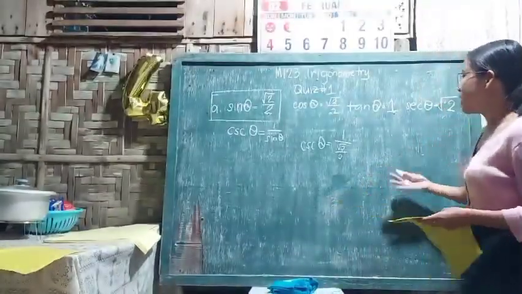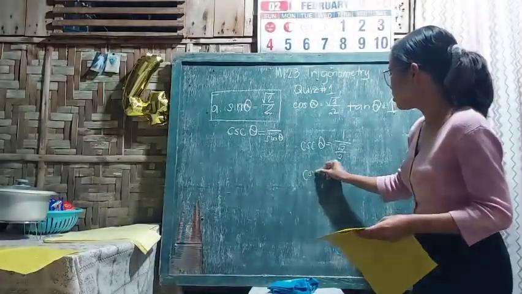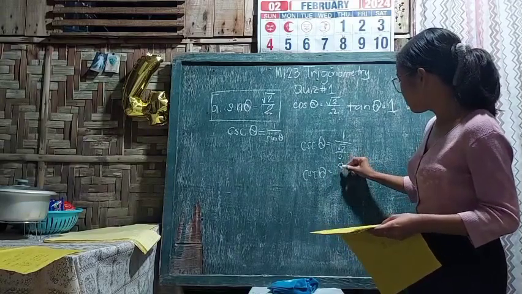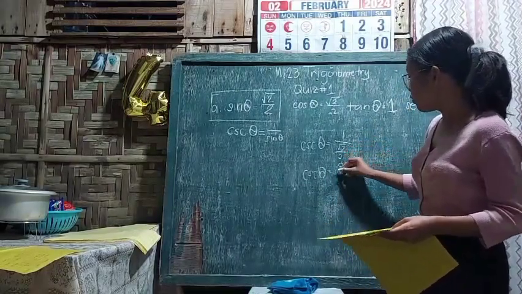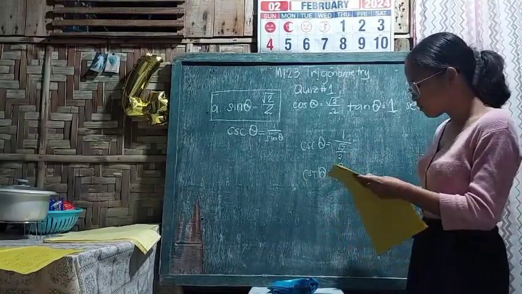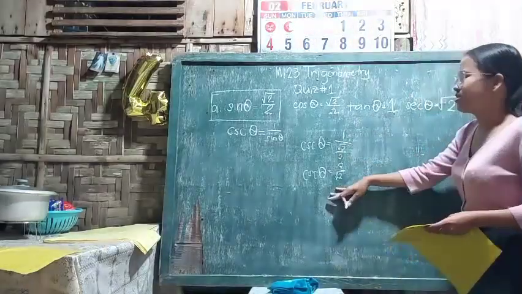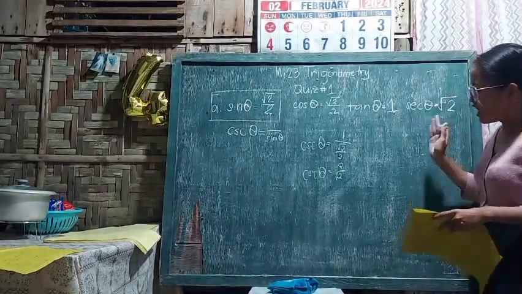So the same as our secant earlier, cosecant is 1 over square root of 2 over 2, which will become 2 over square root of 2. And then we're going to rationalize this since it has the same values as the secant.